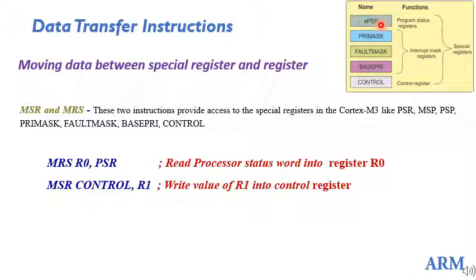Then 3 interrupt mask registers, namely primary mask, fault mask and base priority register, and a control register. To access these registers, the normal regular data transfer instructions are not used, but some special instructions are used.